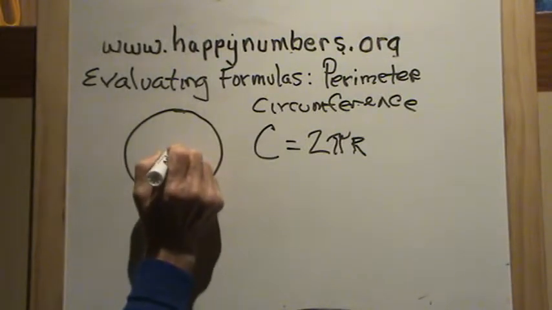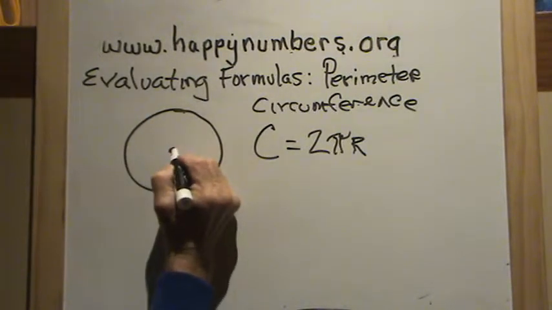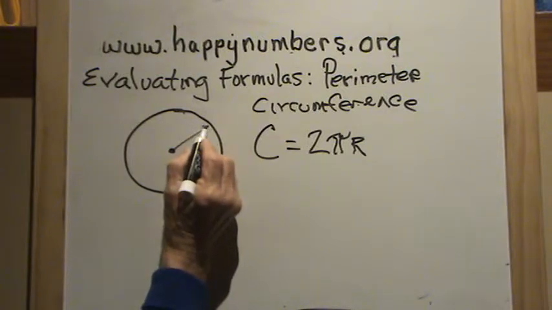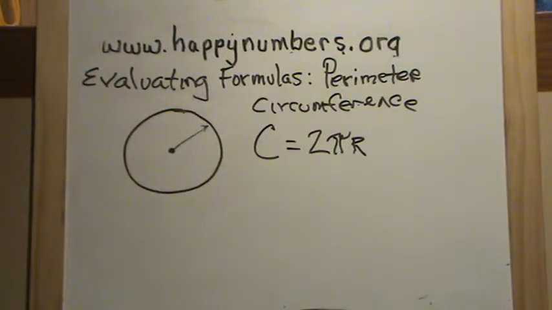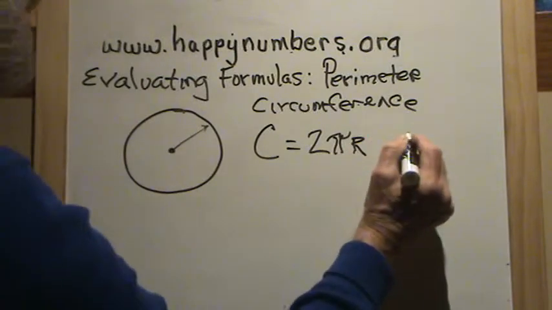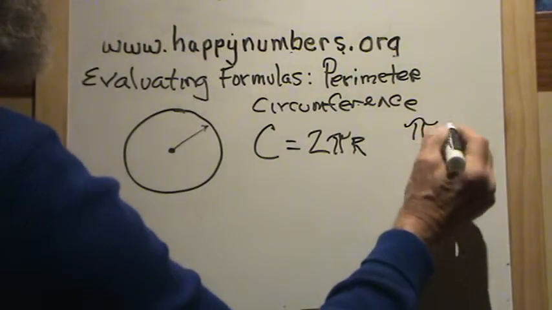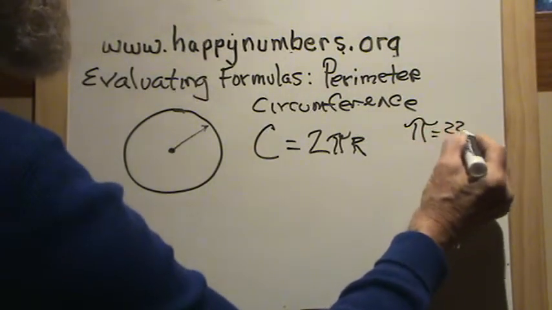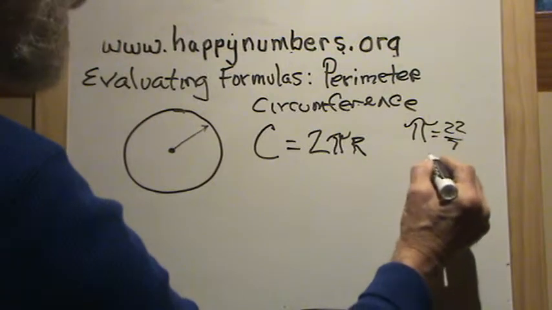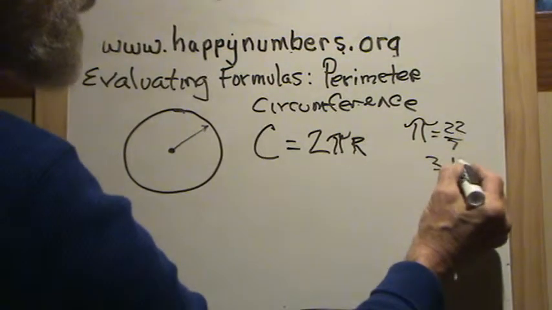Now you'll have to know that the distance from the center of the circle to the outside of the circle, to the circumference, is called the radius. You'll also have to know, in working with circles, that pi is equal to 22/7 or 3.14.